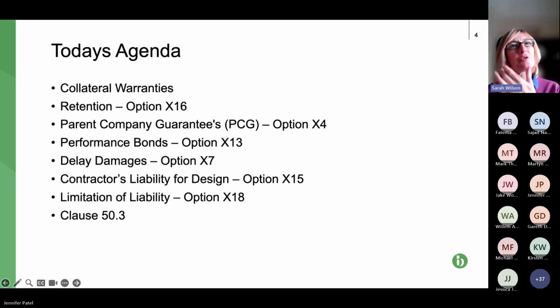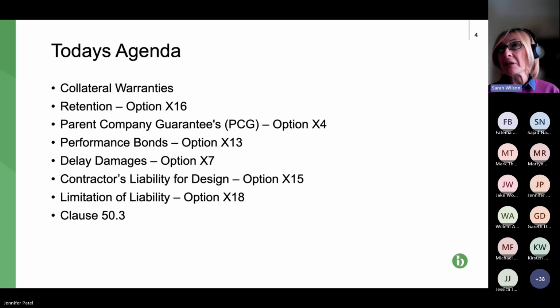So as we've seen, collateral warranties and the rest, with one exception, are all areas where the contractor or subcontractor is giving the paying party additional security. So retention, hopefully you all understand what retention is, but it's about the paying party retaining sums of money due.